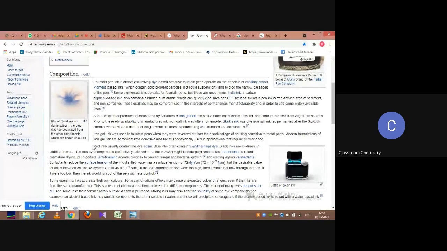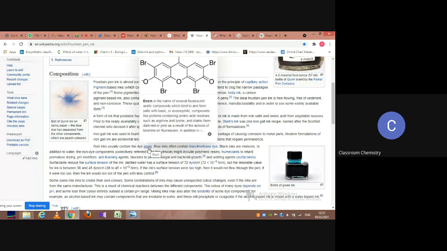जर तुम्हाला प्रश्न विचारला की what is the main composition of the red ink, black ink and blue ink, and the answer is here. The red ink usually contains a dye, eosin. So this is the dye used for the red colored ink, and this is the structure of this dye.